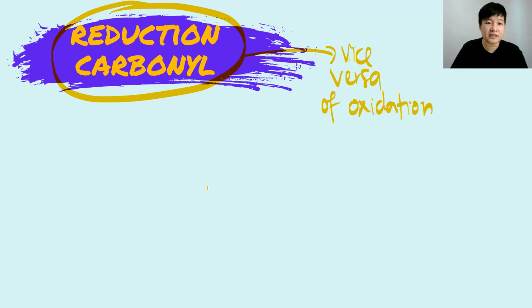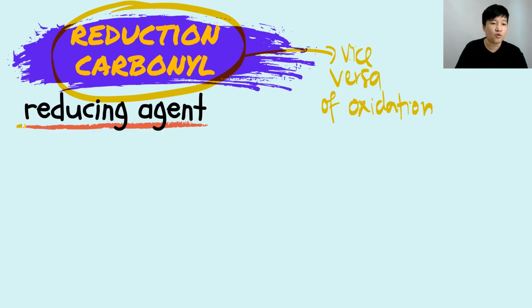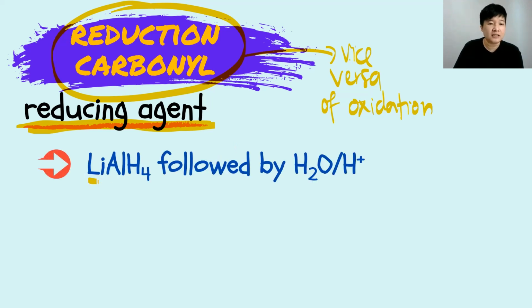So before we look at the reduction of your aldehyde and ketone, the first thing is, who is your reducing agent? We have 3 reducing agents that you can use. You can choose any one of these 3. The first one is your lithium aluminium hydride followed by H2O, H+.